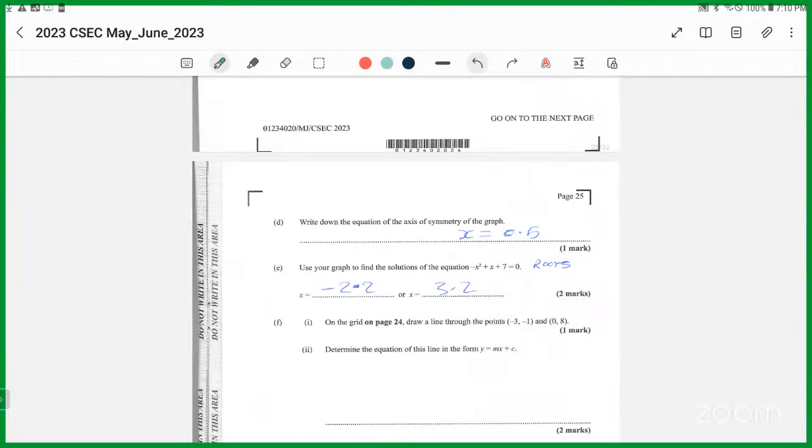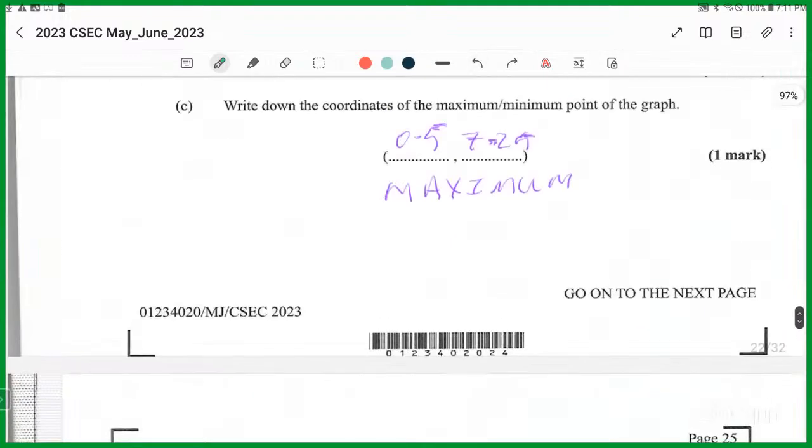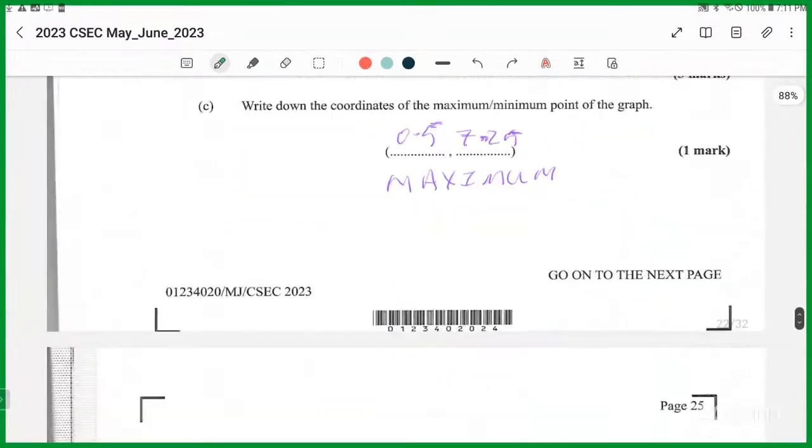See this? This is the C value. The y-axis intercept is C. But if you want to get the gradient, you can count it off. Gradient is the rise over the run between these 2 points. We can calculate it too.